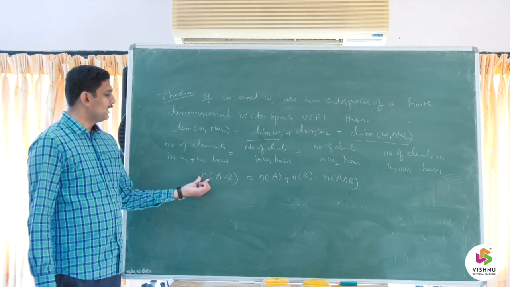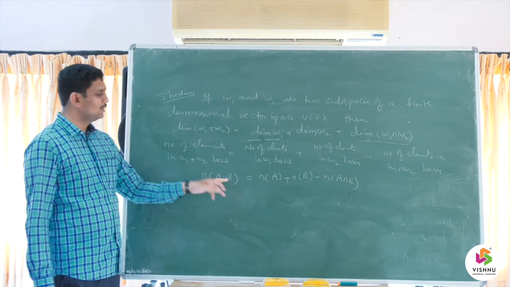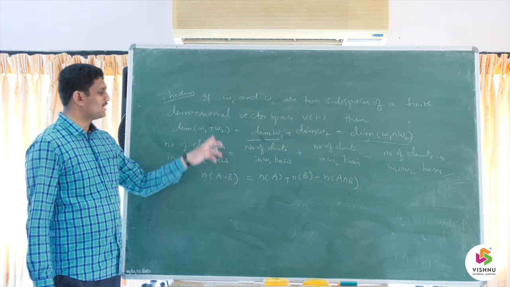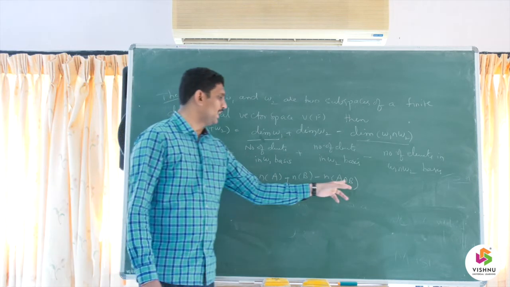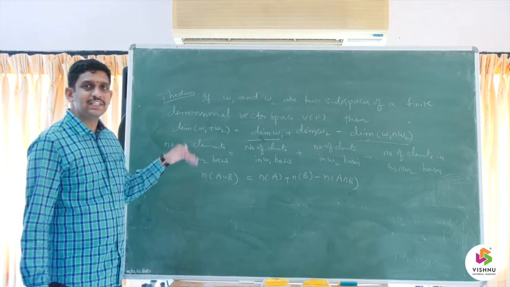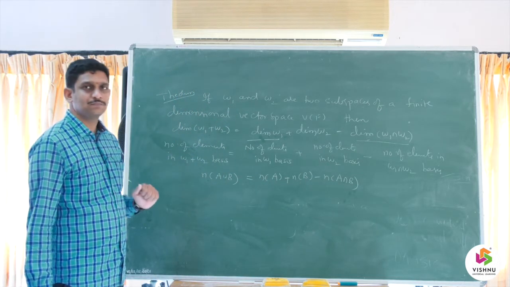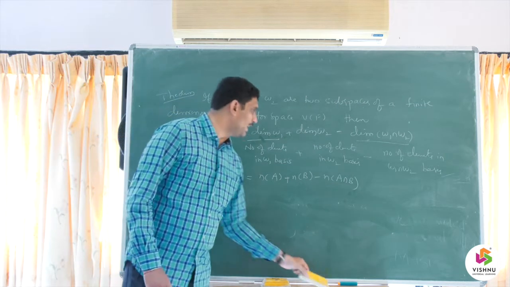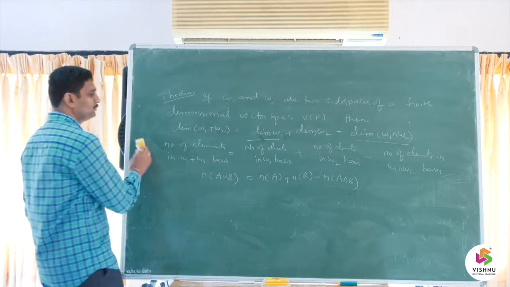Here n stands for the dimension, the union symbol stands for plus, and the intersection symbol is intersection as it is. So this is the underlying idea or concept of this theorem.